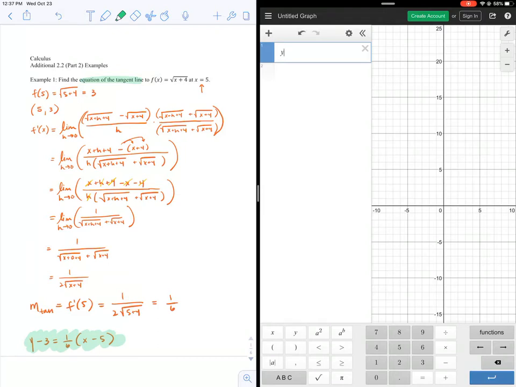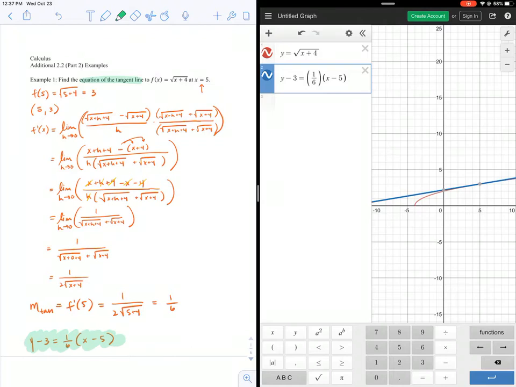So if I type in y equals the square root of x plus 4, and then y, Desmos will let me type this in point slope form, which is kind of cool. I'm going to put 1/6 in parentheses. I don't know if I really needed to or if Desmos would have done it, but just to be safe.